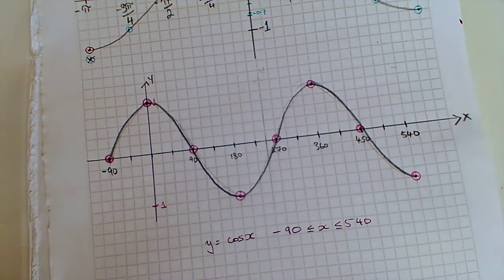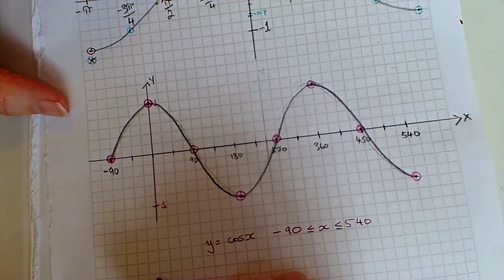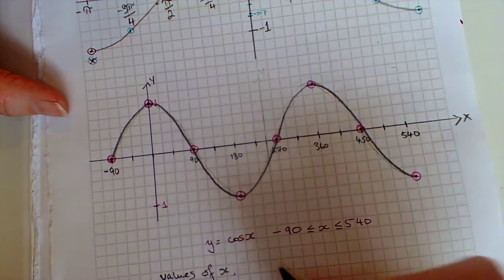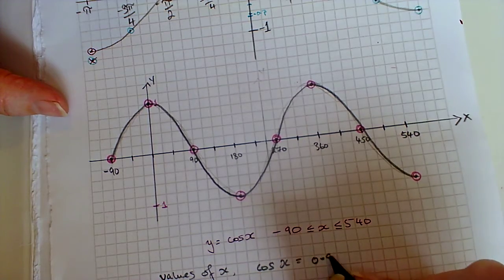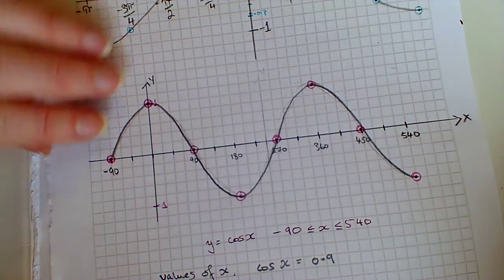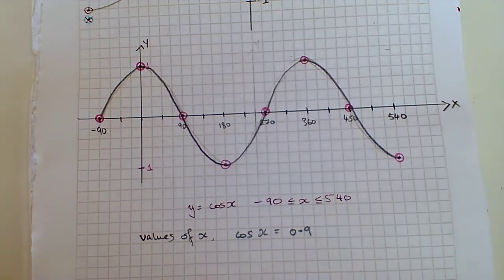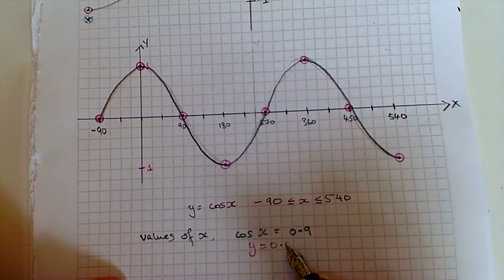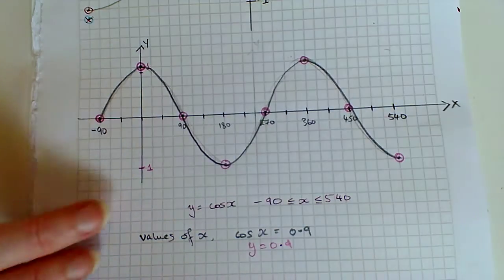So there was a follow-up question then. We were asked to find the values of x for which cos of x is equal to 0.9. The values of x for which cos of x is equal to 0.9. So cos of x is our y. So I'm looking for the line y equals 0.9. So 0.9, roughly there on my graph.